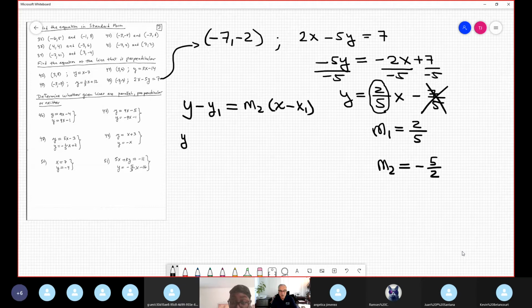What pieces of information do we need? We need the point and we need the slope. Okay, y minus (-2), so y plus 2, is negative 5 over 2, parenthesis, x minus x1, which is minus minus 7, double minus becomes positive. Now are you working with the fraction?